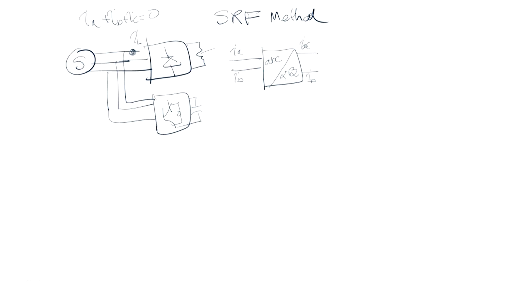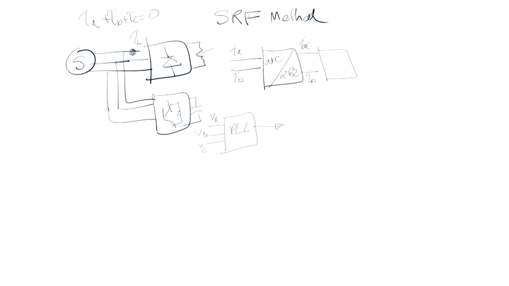Then you require to get the information of the theta that comes from the PLL. You will sense at least 2 or 3 voltages, that is the Va, Vb and Vc, and this is the PLL block.